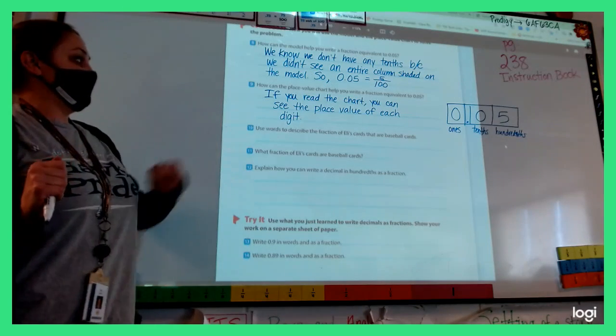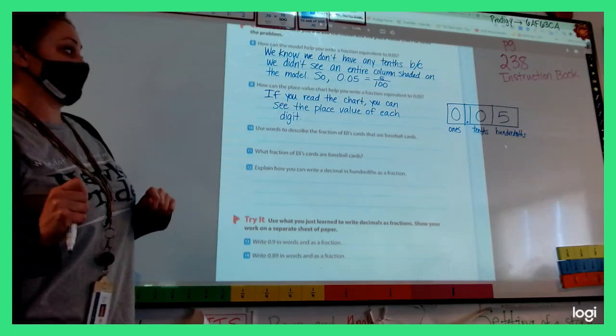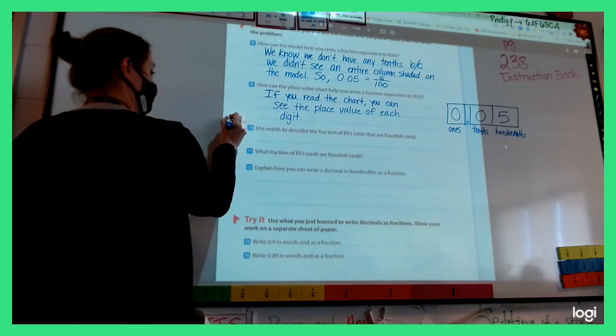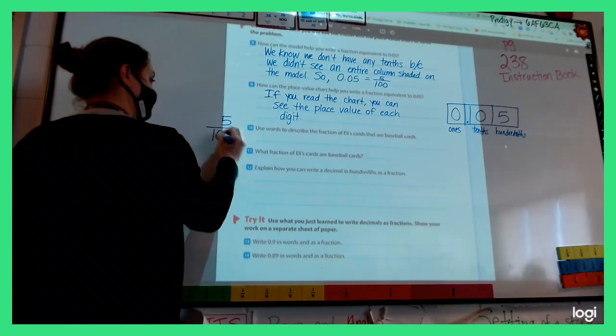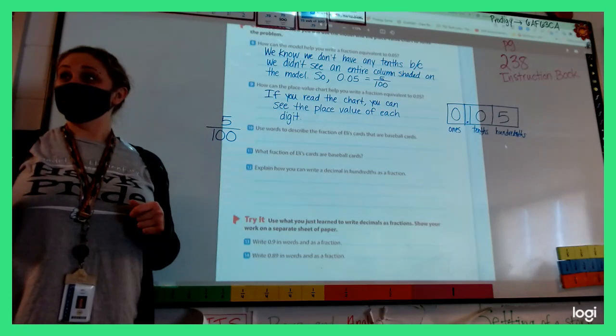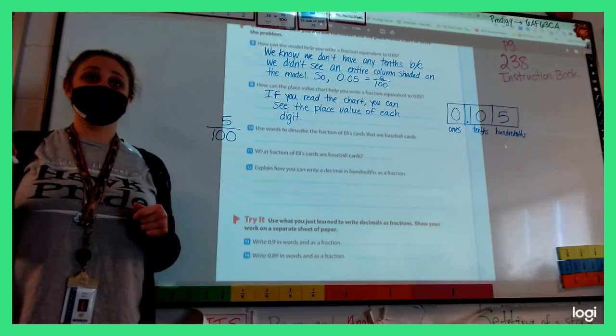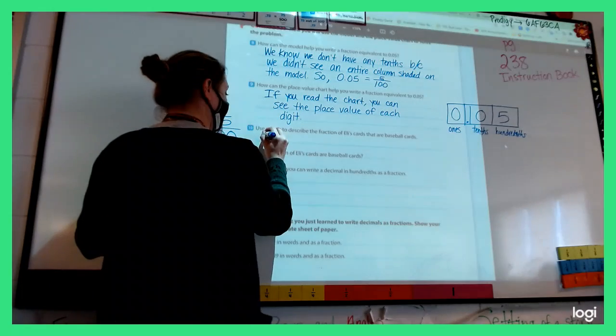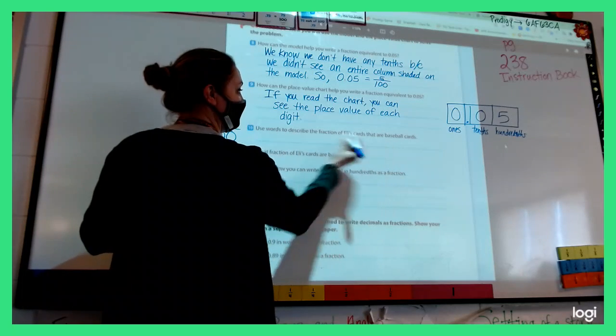All right, number 10. We need to use words to describe the fraction of Eli's cards that are baseball cards. Okay, and our fraction, we already know what it is. It's 5 hundredths. So how do we write that out in words? Do we just use words to say the number I'm saying? Yeah, so don't make this too hard, okay? So, use words to describe the fraction.